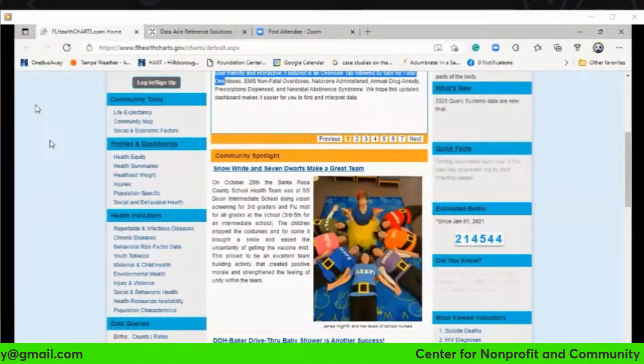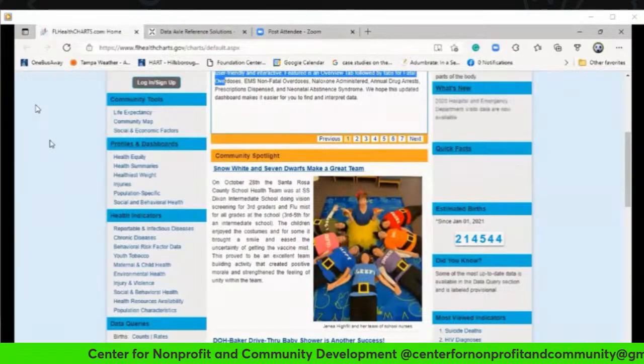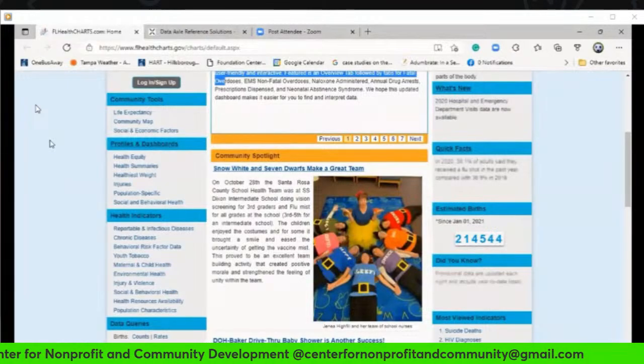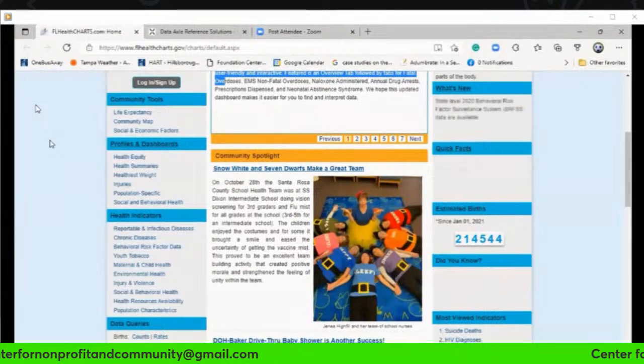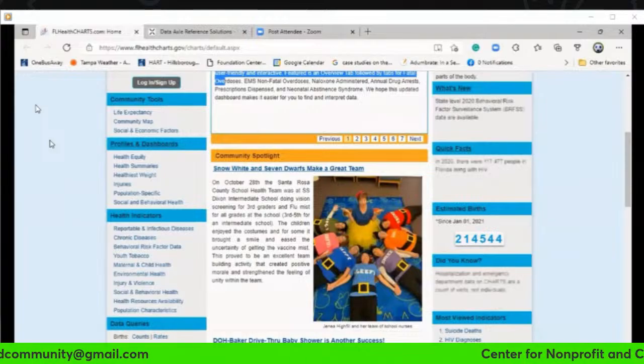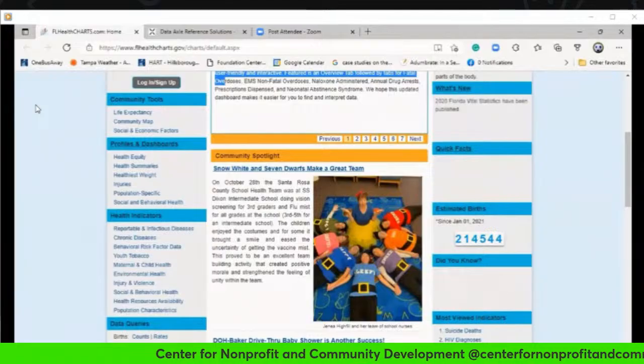The other thing, and I think this is important, they provide both social and economic factors that can contribute to one's health. If I clicked on this, it probably will be a list of data sets that we could tap into, and we could then break it down to data points. But it's a wealth of health information.